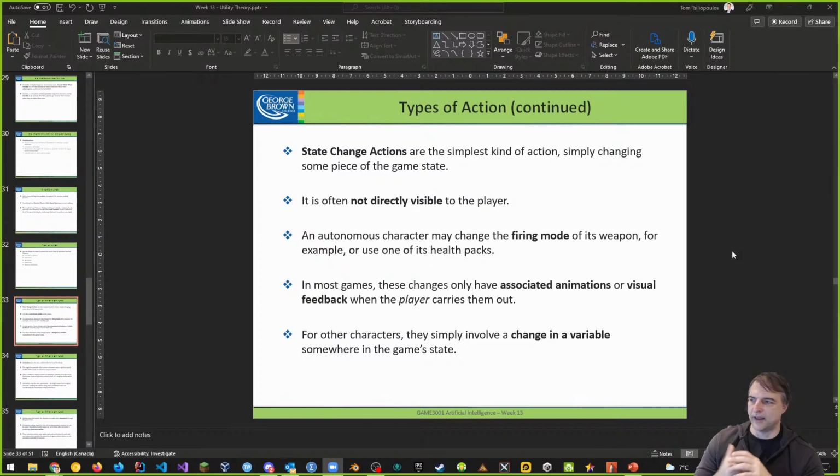So again, a lot of times these changes have an associated animation or some kind of visual feedback when the player carries them out. But when it comes to the enemy, sometimes we don't have those kinds of feedback associated with them. So they just involve some kind of change in a variable. A variable changes internally, and now they've healed. Or maybe they heal over time. You fight an enemy that continuously regenerates.